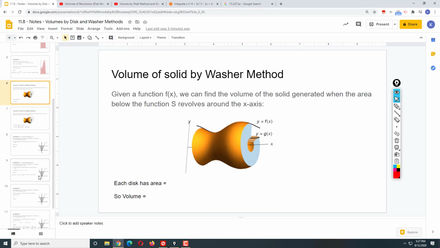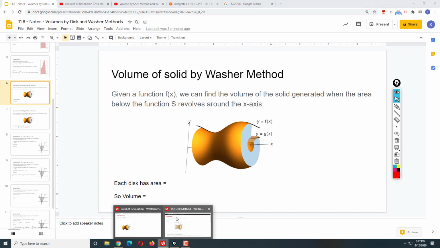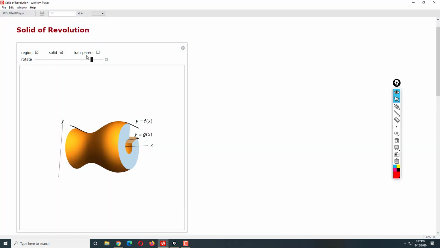Next, this time our solid is not just generated by the area between f of x and y equals 0. Instead, we have f of x and g of x. So let's look at our simulation. So here we have y equals f of x and y equals g of x.